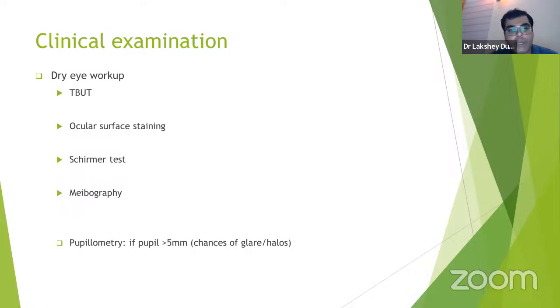Normally Schirmer 1 is enough. If dryness is seen, then we can do Schirmer 2. More than 10 mm is considered normal. Then meibography and pupillometry: if the pupil is more than 5 mm, chances of glare and halos are more.